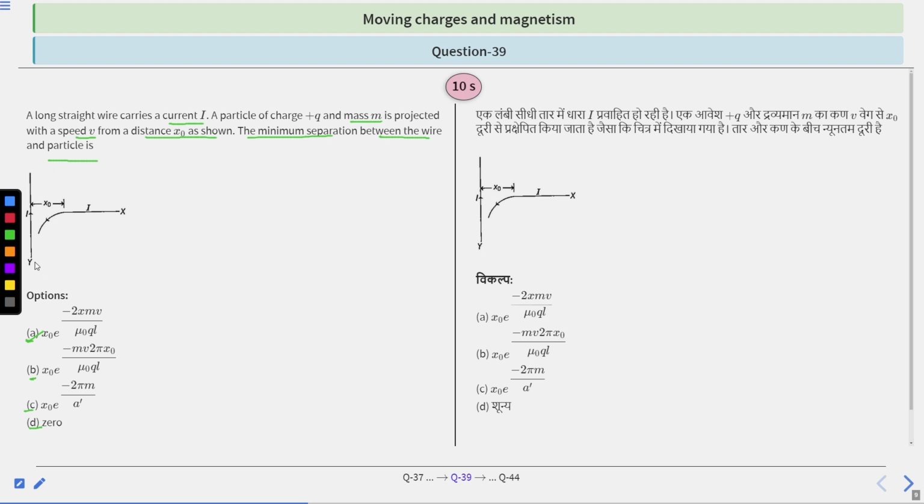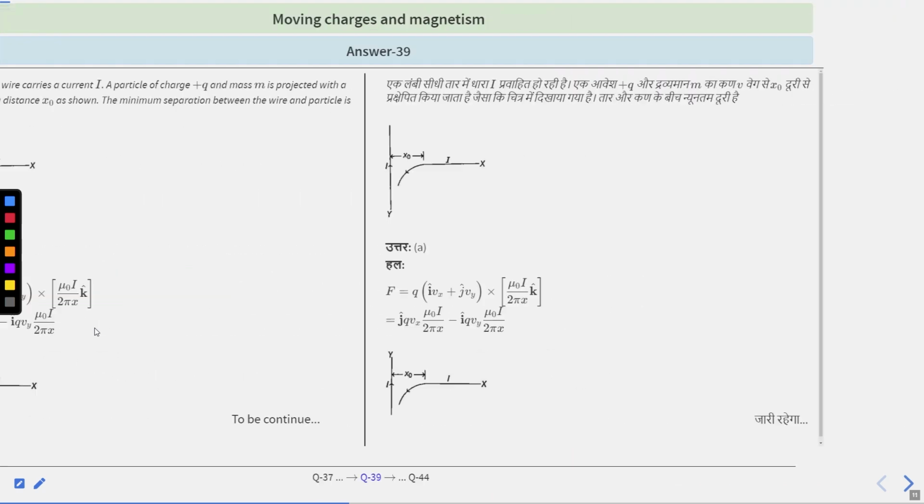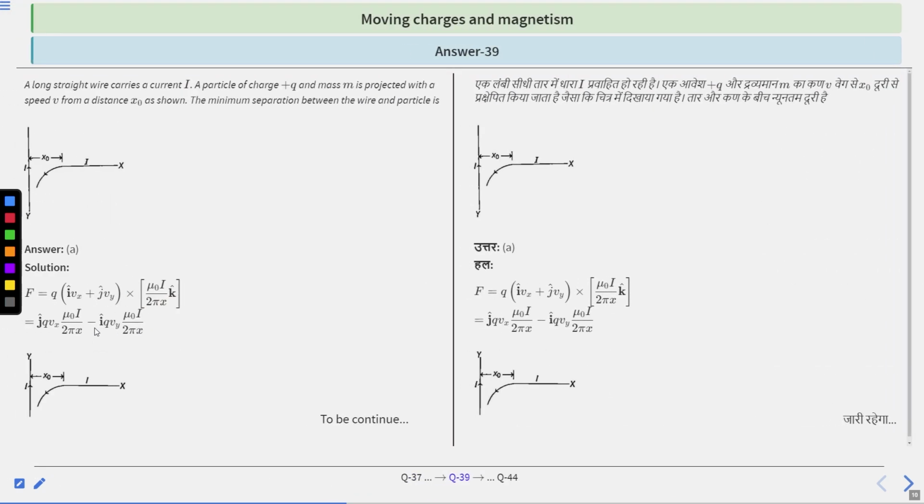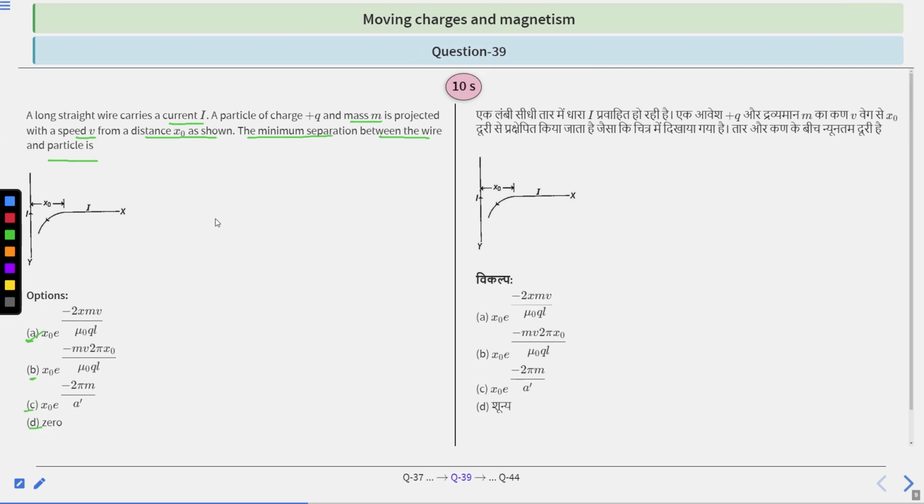This is I, this is Q, and this is the term mu naught q I. So this is the correct option. Next question.